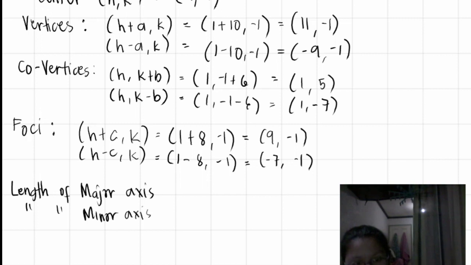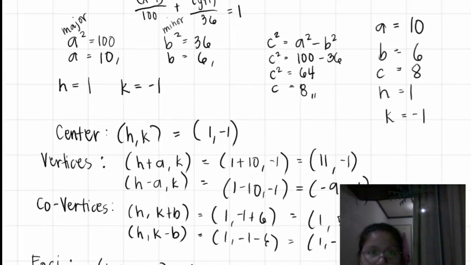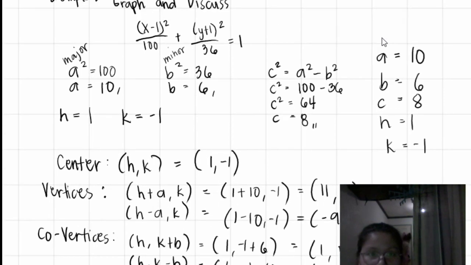So, ang laging formula na gagamitin natin for major axis is si 2a, and then si minor axis naman ay 2b. Since si a lagi yung ating major, si b ang laging ating minor. Diba sa una pa lang, sa pag-identify ng A and B, again, lagi si A yung mas mataas, which is 100. And then si B yun siya yung laging mas mababa, which is 36. So, kung sakali man na nandito yung mas mataas, si A pa rin siya.